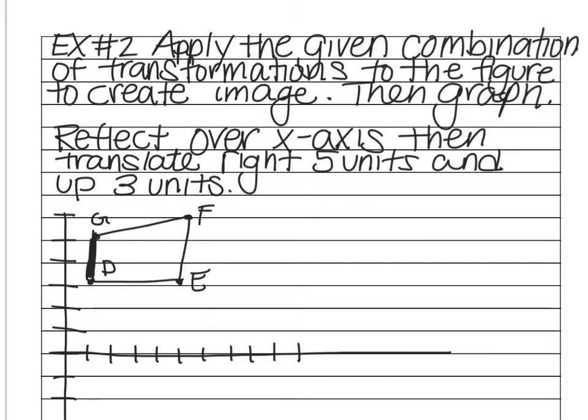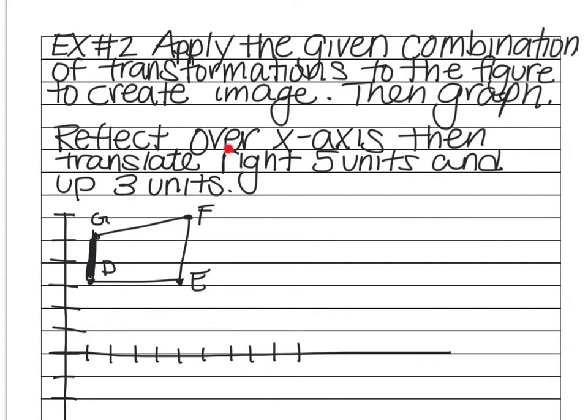So for the second one, it says apply the given combination of the transformations to the figure to create an image, then graph. So this time it gives you what it wants you to do to create the new image. Instead of having to find the directions, it's giving you the directions, and then you just have to draw the translated or the transformation.